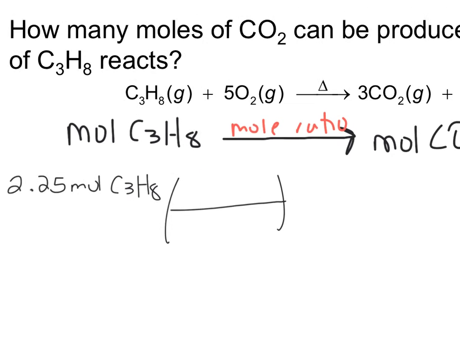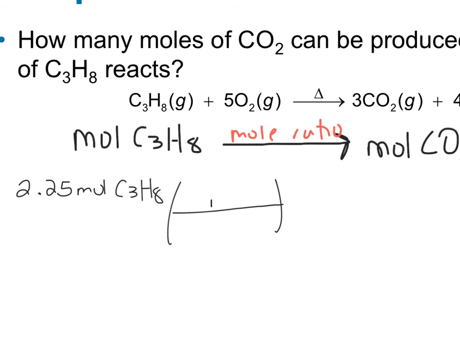The mole ratio is a ratio of moles, so it's moles over moles. What goes on top? That's our unknown. So CO2 goes on top. What goes on bottom? That's our known, so C3H8. What numbers do I use? I'm going to use my coefficients from our balanced equation. Here's a 3 for CO2 and a 1 for C3H8. So a 3 and a 1.